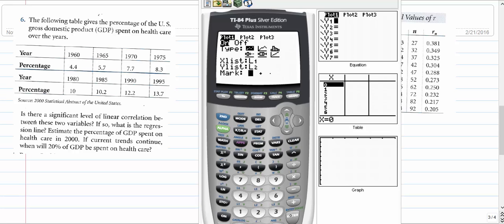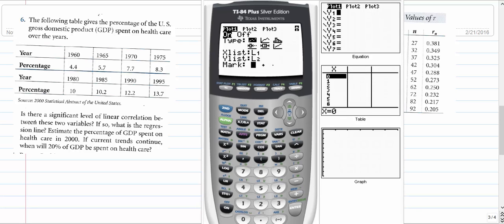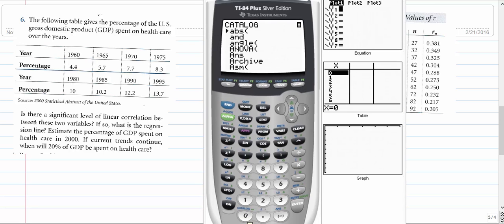And then I'm going to look at second catalog, and then letter D, alpha D, and scroll down to diagnostics on to be able to obtain the value R. Hit enter, hit enter.